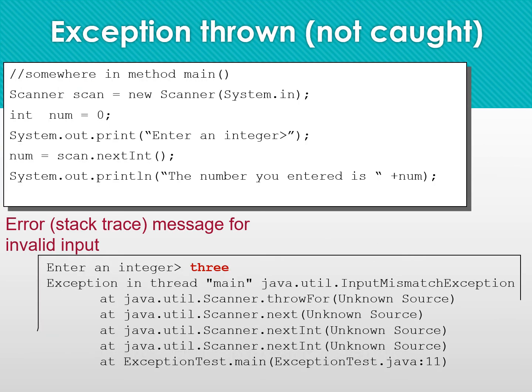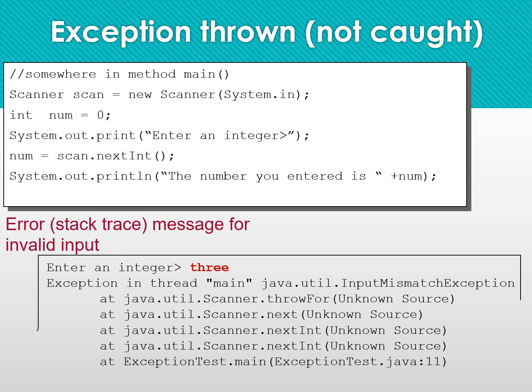This is a very short example to show where an exception is thrown and shown to you, but it's not caught. I think that is a normal scene for us, right? Let's say you use a Scanner and you're expecting people to enter an integer, but the user types the word three. An exception will be thrown.